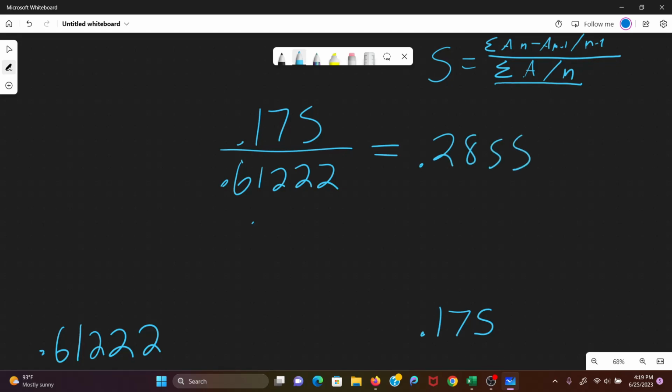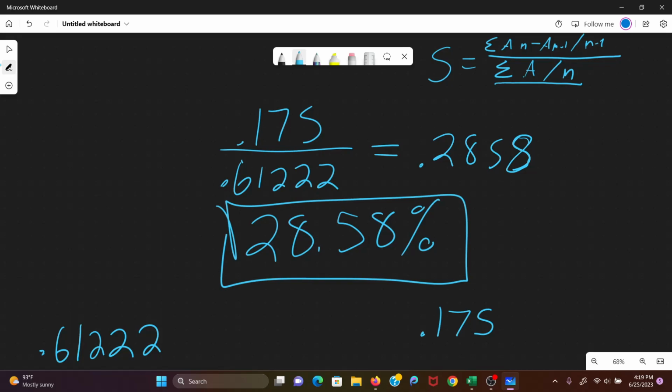Multiply that by 100 to find a percentage, which is 28. Oops, it's actually 0.2858, sorry. Multiply it by 100 to get a percentage, and it should be 28.58%. There's your answer. Just like last time, depending on where you rounded, it's going to have an effect. So anything in the high 20s is a number that I'll accept.